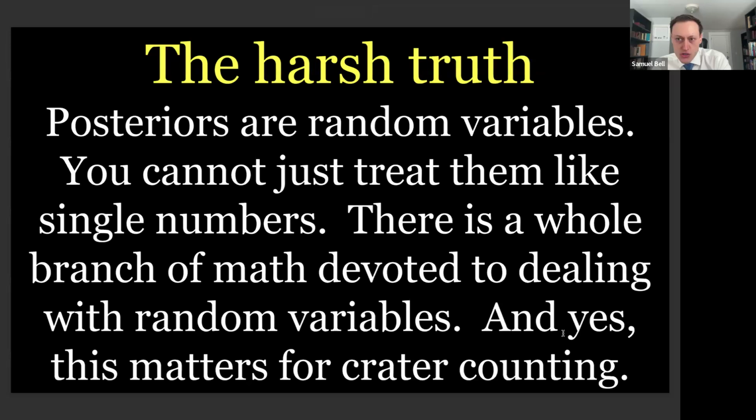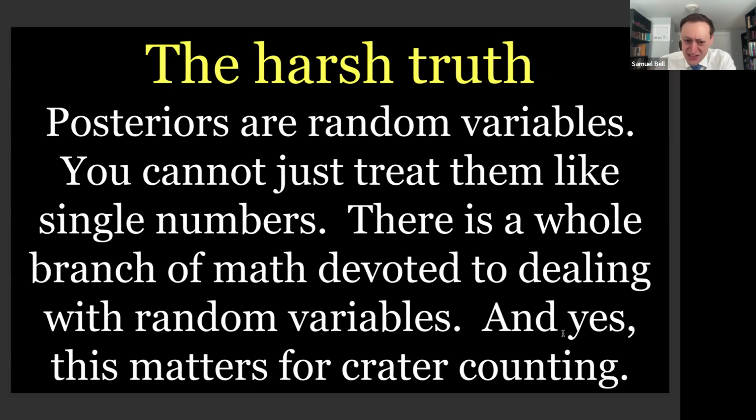And here's the harsh truth. Posteriors are random variables. You cannot just treat them like single numbers. There is a whole branch of math devoted to dealing with random variables, to variables who are characterized by a PDF and not just a single number.